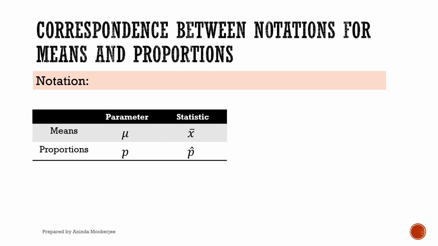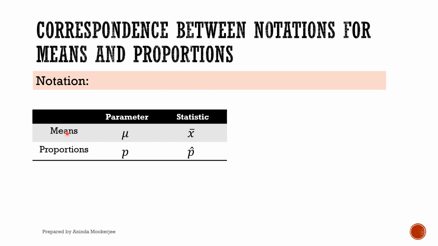Now, to show you the correspondence between the notations for means and proportions: at the parameter level, that means population level, the metrics associated with the population are referred to as parameters, whereas the metrics associated with samples are referred to as statistics.